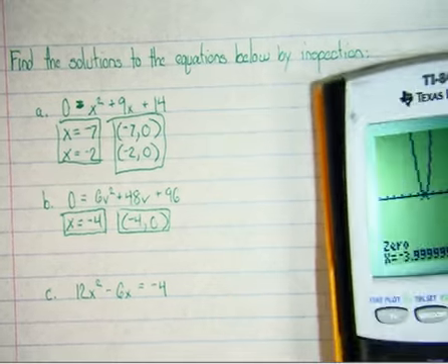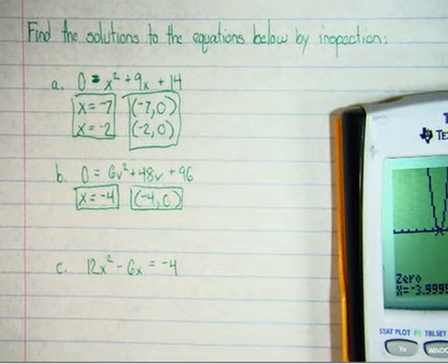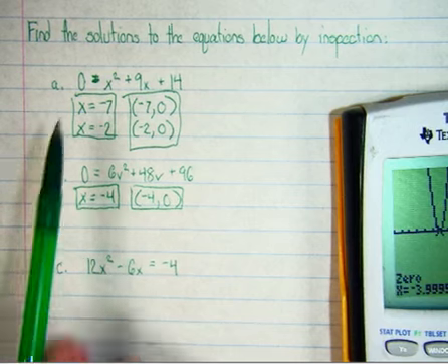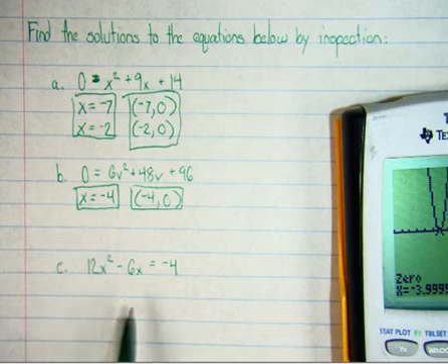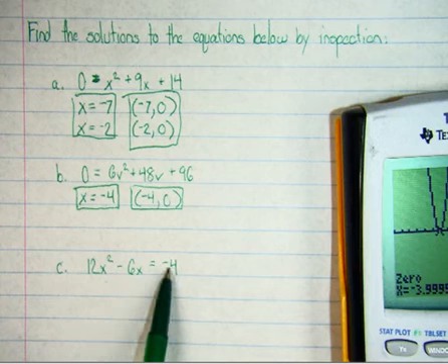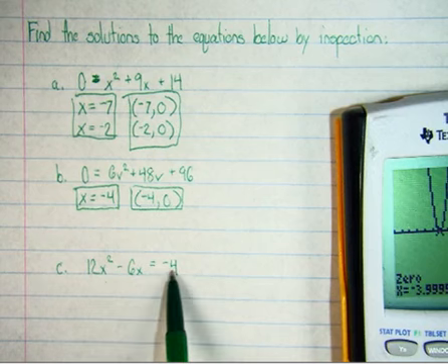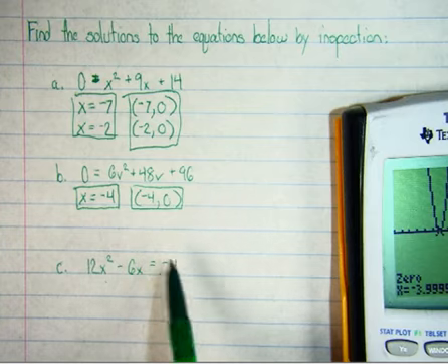Now, for part C, there's something else going on here we need to take a look at. Part C, you'll recall that I said this has to be equal to 0 on one side before we can do anything with it. Part C is not equal to 0. Neither side of this equation is a 0, so we need to make one side or the other 0. This side has less stuff on it, so it would be a good candidate to make equal to 0.